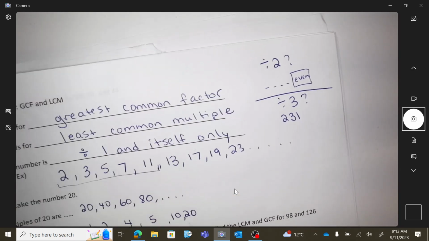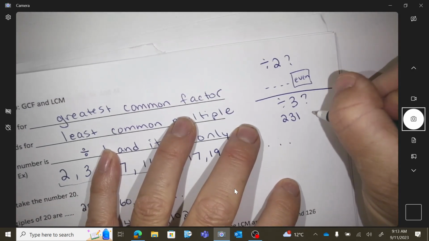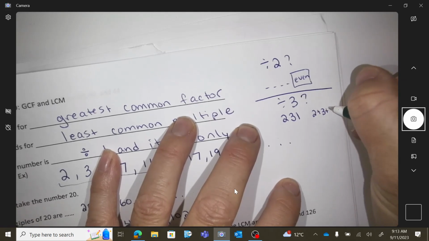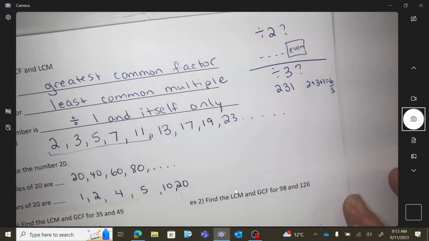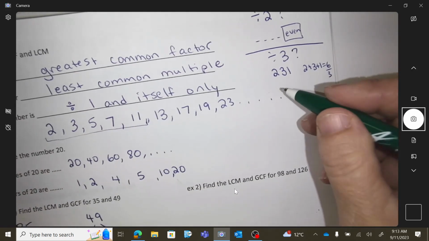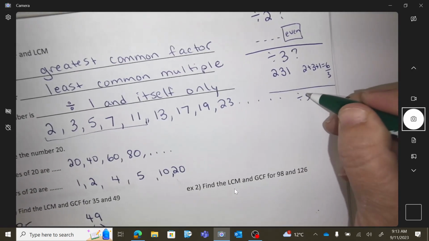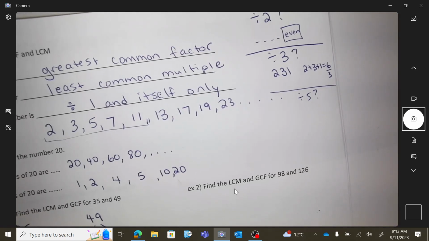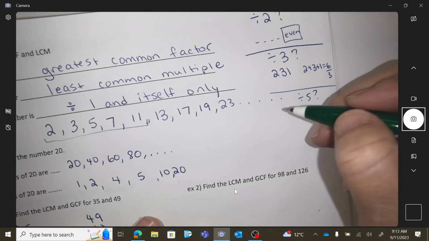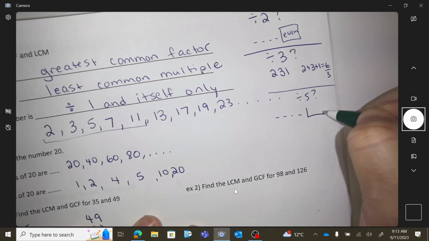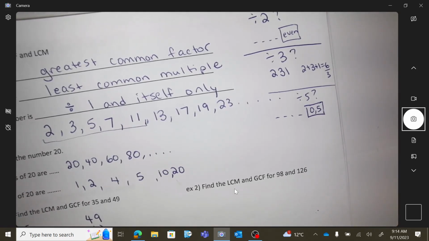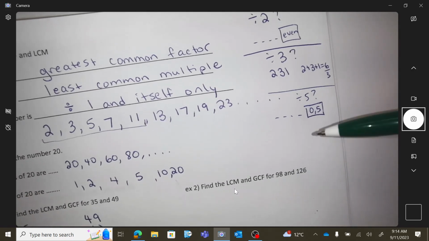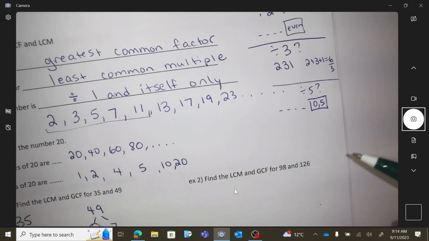Okay? So that's how you check if a number is divisible by 3. And do you know how to tell if a number is divisible by 5 by looking at any number in math? It has to end a 0 or 5. Okay, so those are some quick ways that I do that kind of work.